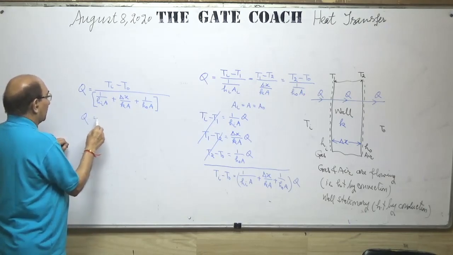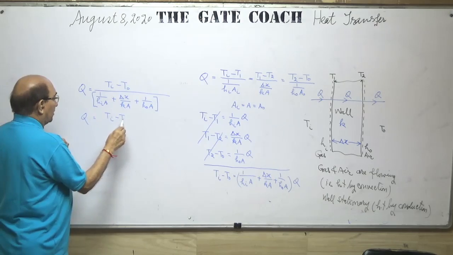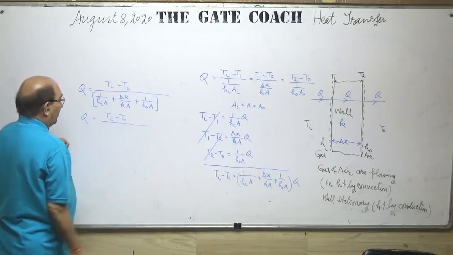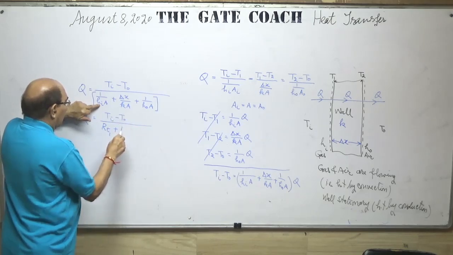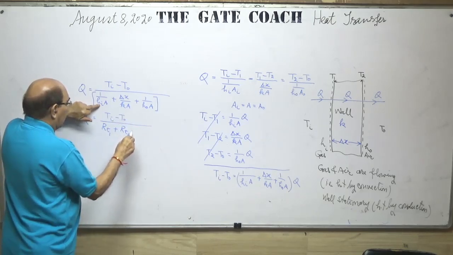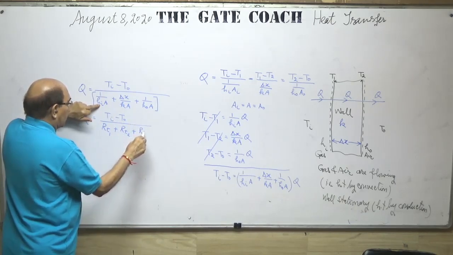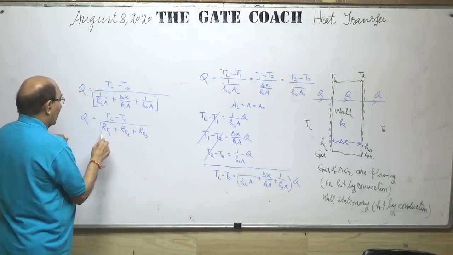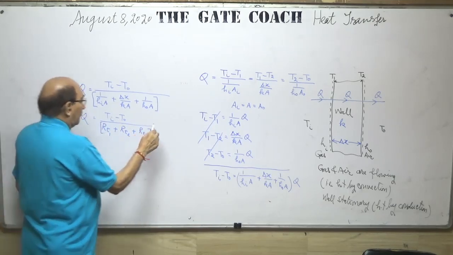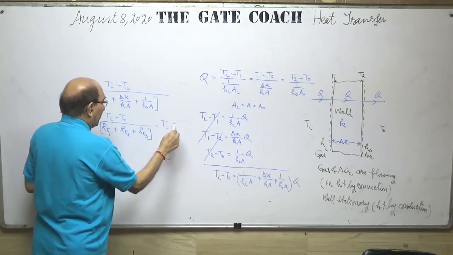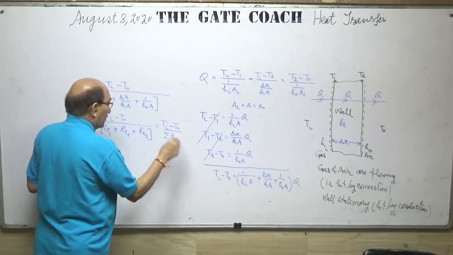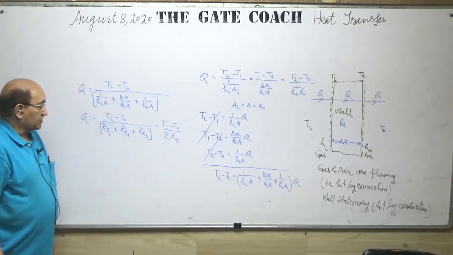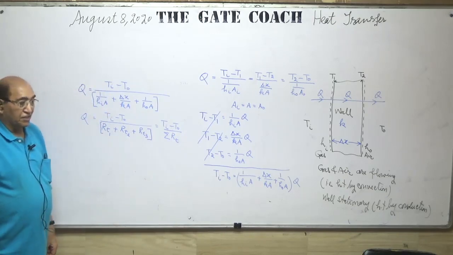This is Q is equal to Ti minus To upon, this was thermal resistance number 1, this was thermal resistance number 2, this is thermal resistance number 3, which can be written as Ti minus To upon sigma R, the sum of all the thermal resistances, because they are in series.